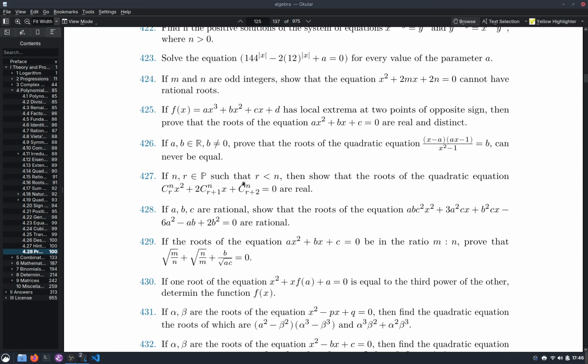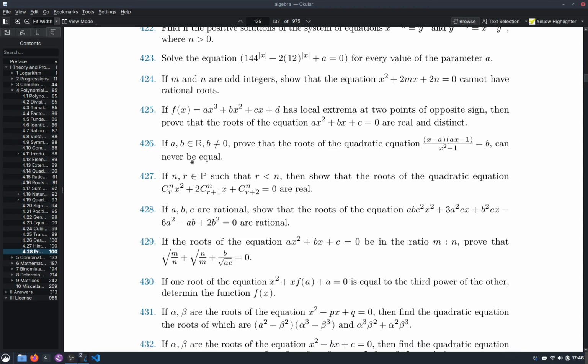So here, for the third term to be valid, r plus 2 would be 3. And if r is 1, then this becomes 3, and then n becomes 4. Otherwise, it wouldn't work. Alright?